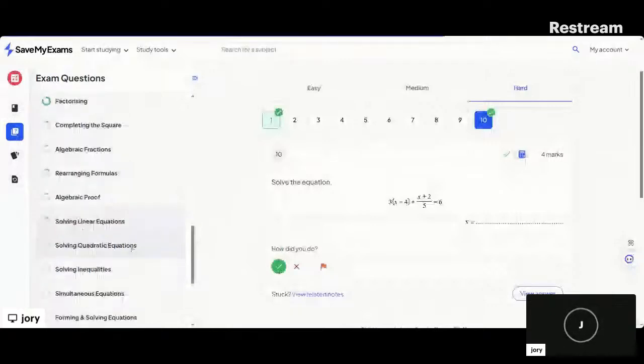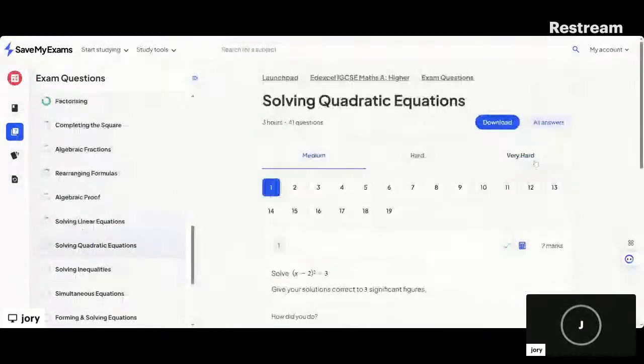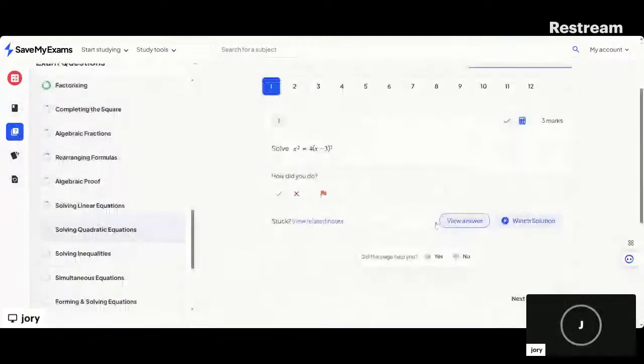Okay, solving quadratic equations. These are harder. But I did them a lot last year, so I think I'll be able to do them well. X squared equals 4. Just kind of square root it. Can't I just square root it? Square everything.